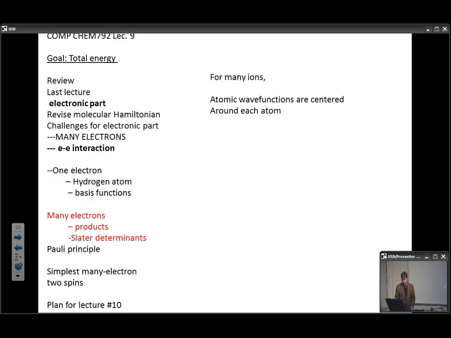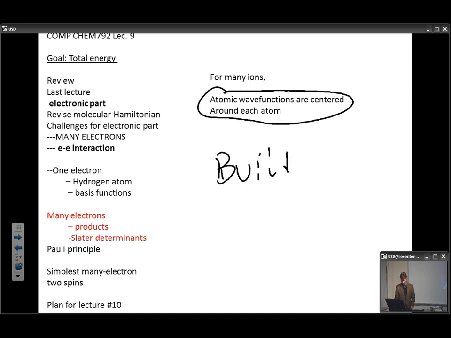So those atomic wave functions centered around ions can serve as building blocks. By multiplying several of those functions, depending on different arguments, because if there is more than one electron, they will depend on different arguments, we will hopefully form the wave function for many-electron systems.